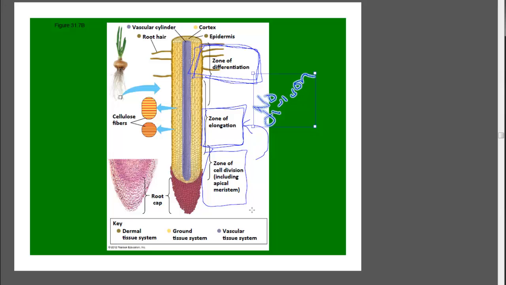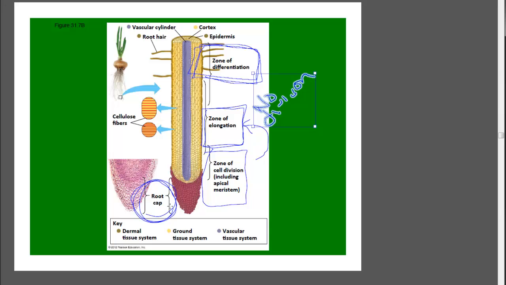The other thing on here that I wanted to point out to you is this thing known as a root cap down at the bottom. Essentially, I think about this like the little plastic end on your shoestrings. It protects the end. Now, when we look at this as far as a root, why do we need to protect the end of the root? Think about what it's growing into.